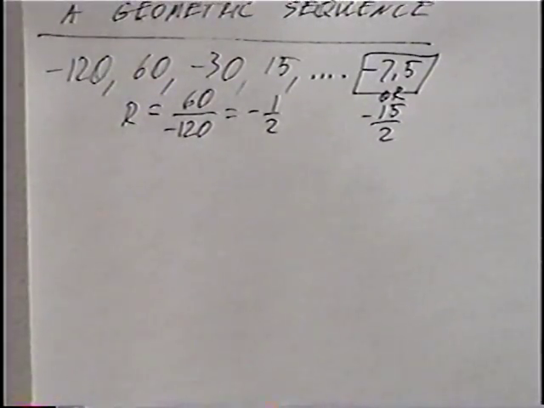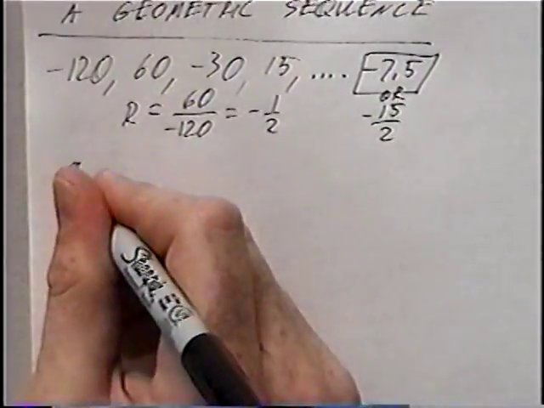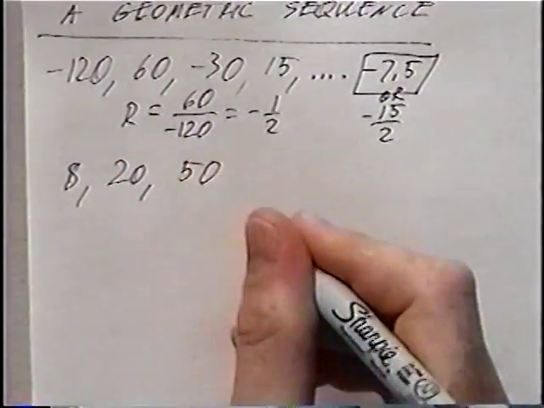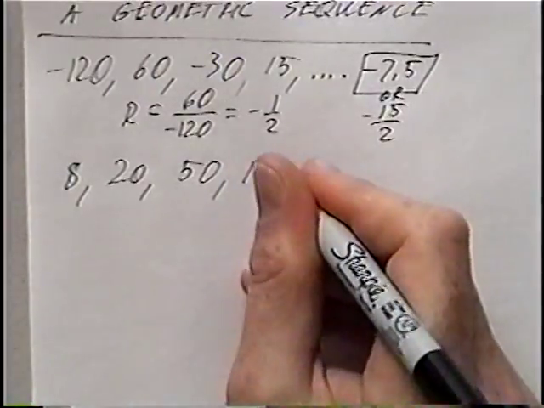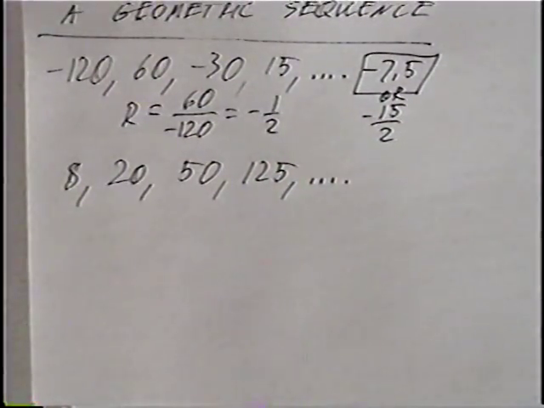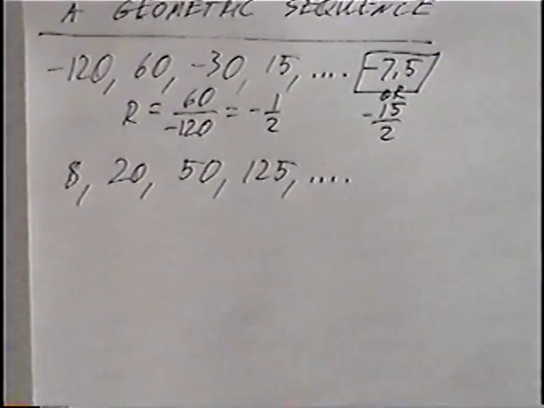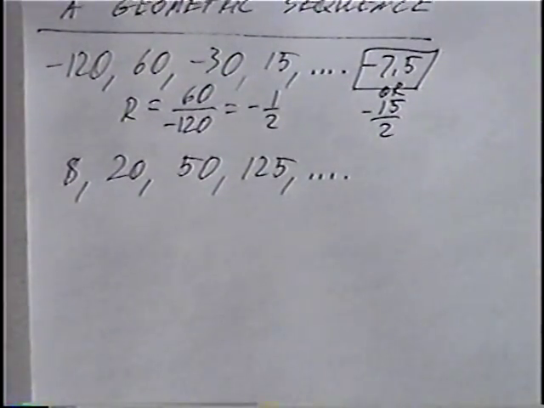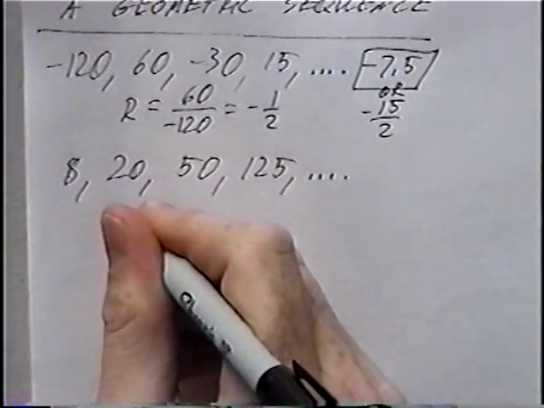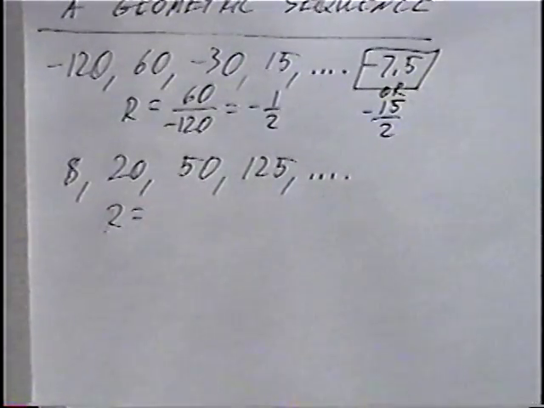The next and last sequence for the section is 8, 20, 50, 125, dot dot dot. To find the next number in the sequence, again, first we want to find r, which is the rate.